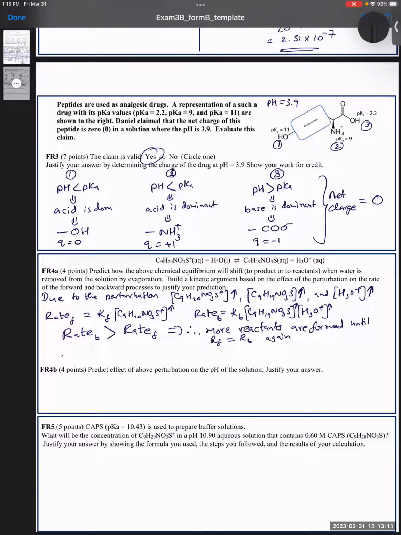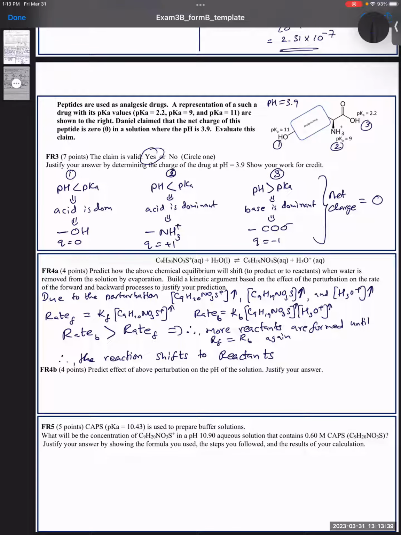Therefore the reaction shifts to reactants. All right, so that's going to be the effect of the perturbation, the equilibrium shift.